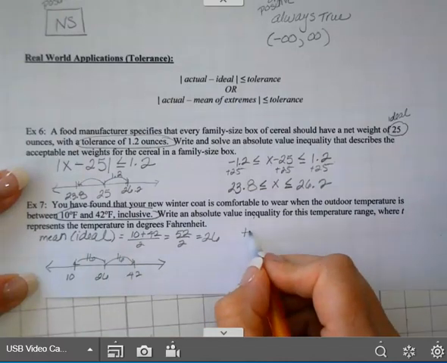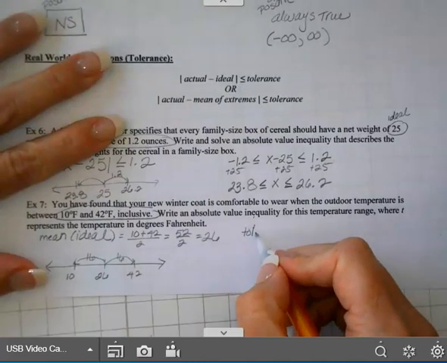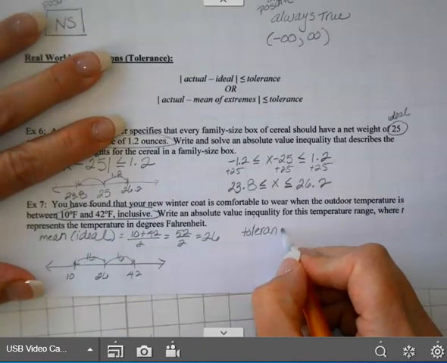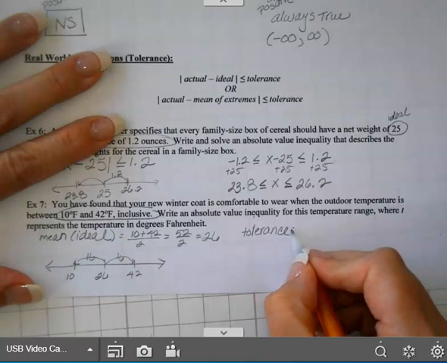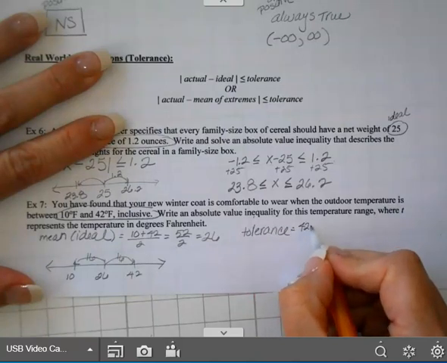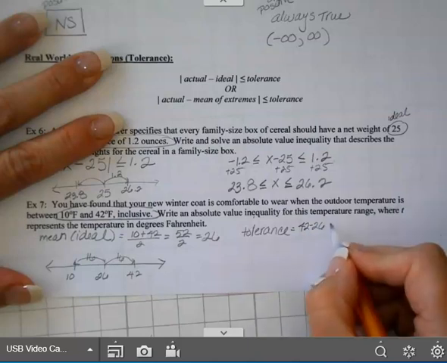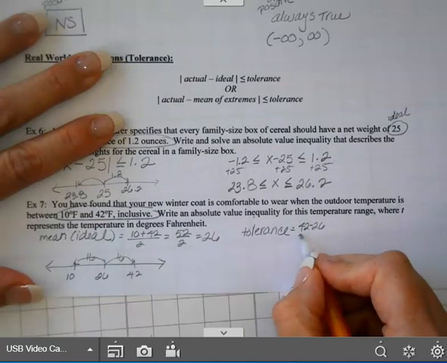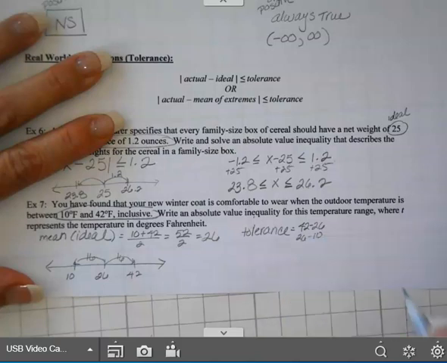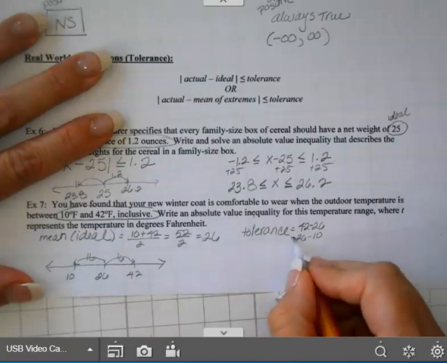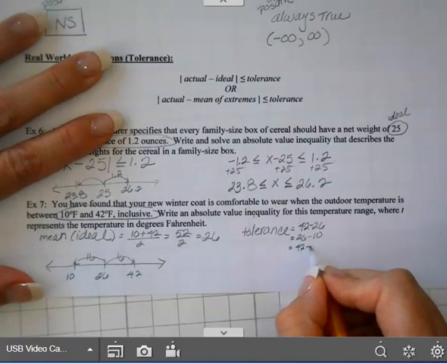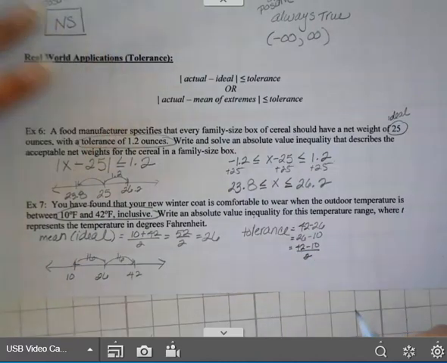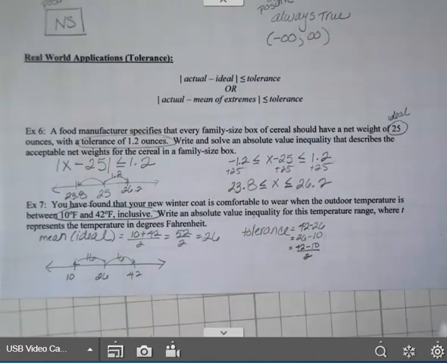So to find the tolerance, I could have done 42 minus 26. I could have done 26 minus 10. Or I could have done 42 minus 10 and divide that by 2. So 3 different ways you could find the tolerance. You only have to pick one.